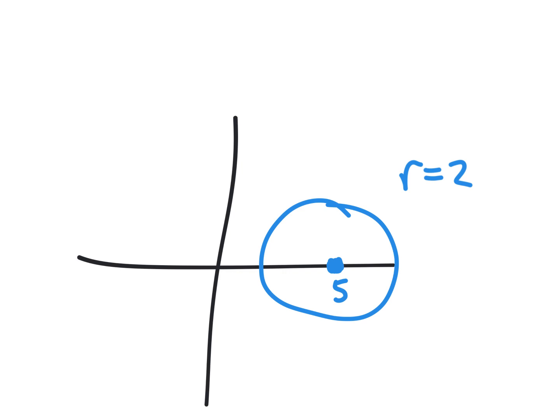Should be easier this time after a little reminder of how domain works. All right, compare with the kid next to you. What do you think it is? Yes, the domain would be, go back 2 spots this way to 3, 2 spots that way to 7, 3 to 7. Raise your hand if you had 3 to 7.